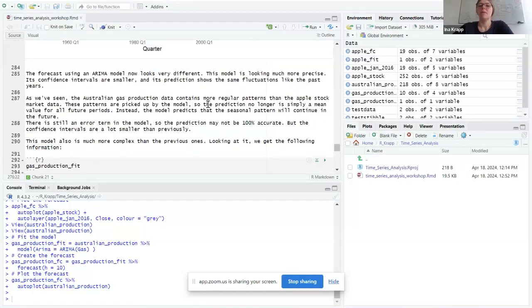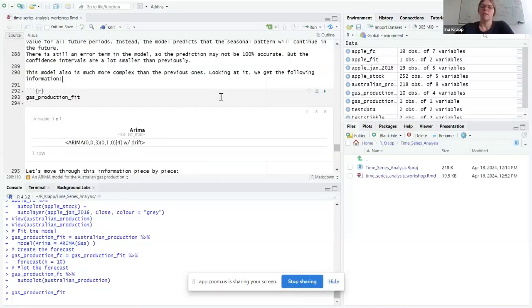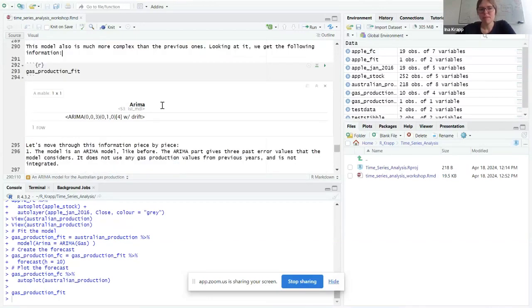That having said, I mentioned that the model behind it can become fairly complex, and gas production has a fairly complex pattern. So we see that it is still an ARIMA model, but it has a great number of components now. Again, we will split this up and go through it piece by piece.